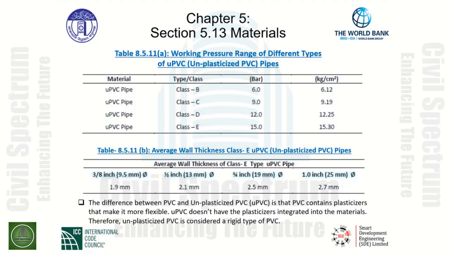Applying the table, material unplasticized PVC pipe, type and class, we have class B, C, D, and E, along with the different pressure ranges for these classifications of pipes.